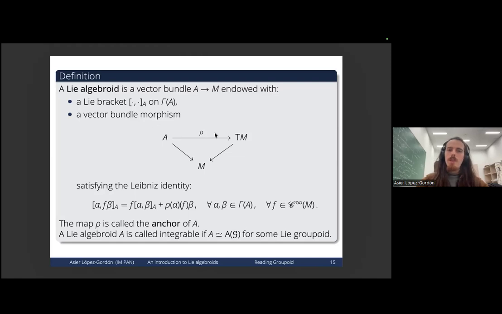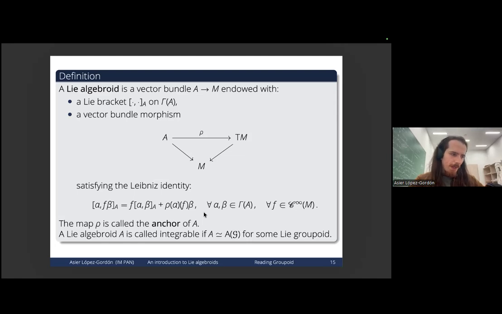Well, and we will keep calling rho the anchor map, and we will say that a Lie algebroid is integrable if it is the Lie algebroid of some Lie groupoid, up to isomorphism that I'll define later.